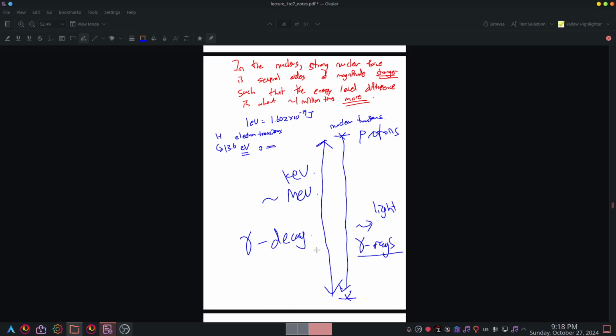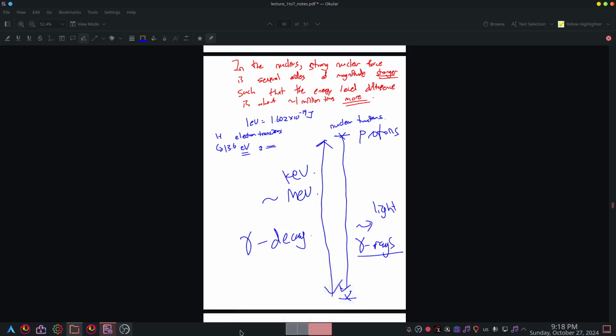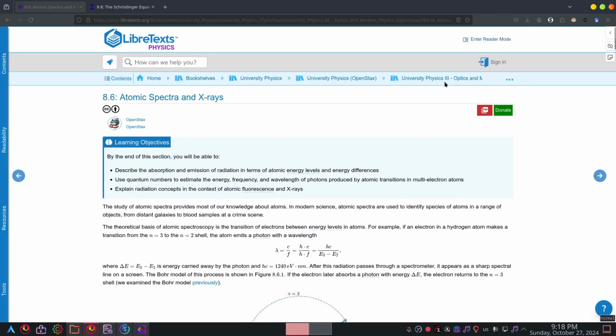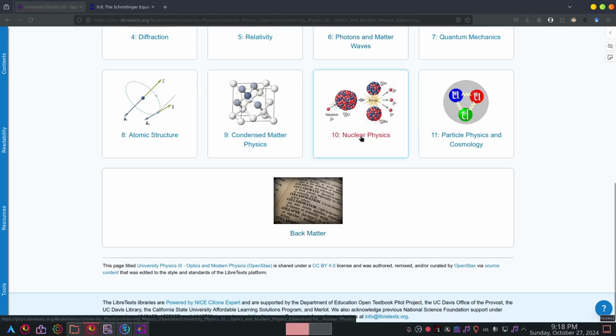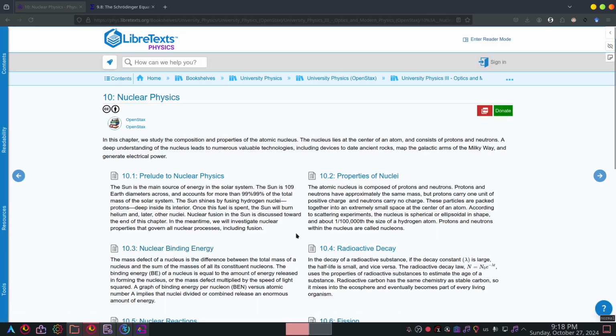Why do some radioactive elements release gamma rays? This is the reason. This is your first taste of, from Schrodinger's equation, how we even came into nuclear physics in the first place. So this is radioactive decay.